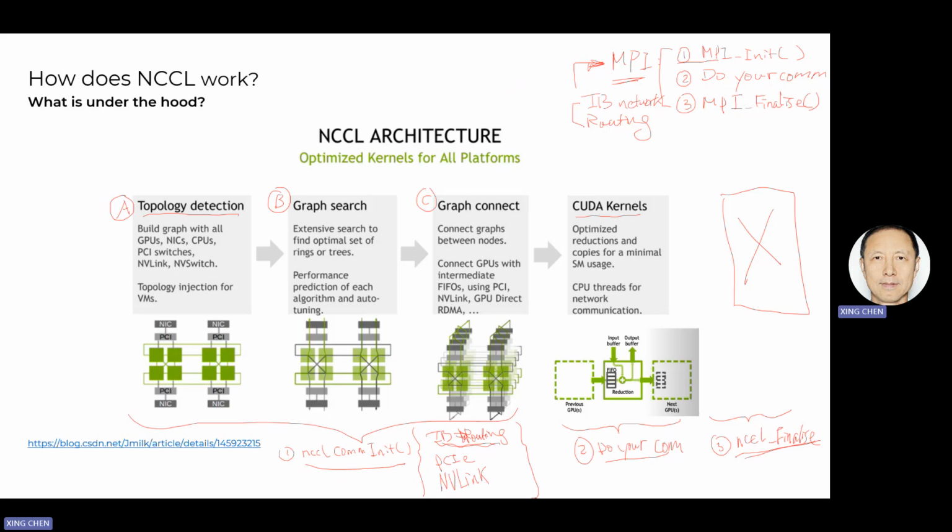But here, each time you launch your job, maybe you are using 1,000 nodes, each node with 8 GPUs, and the next time you want to use 5,000 nodes, each node with 8 GPUs.